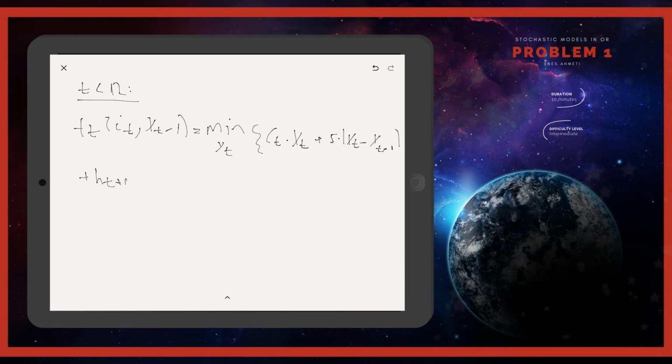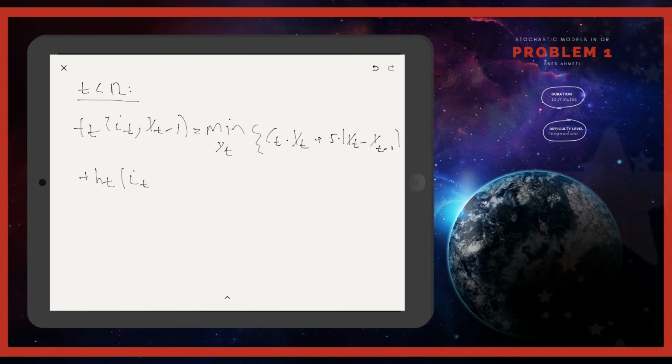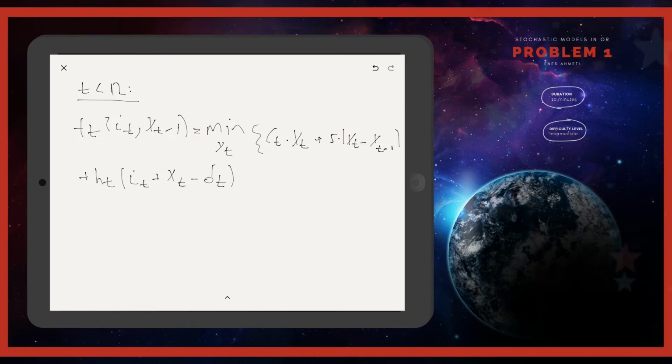This should be HT. So I have IT, the units in my inventory in this month, plus the amount of units I produced during this month, minus DT. Again, so this is the amount I have now, this much I produced, minus my demand.